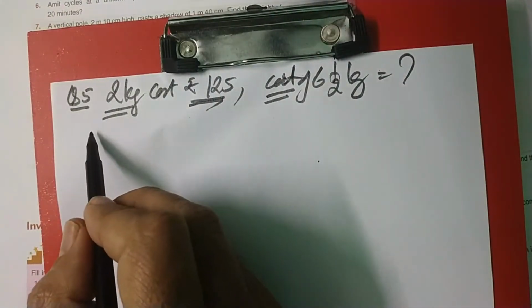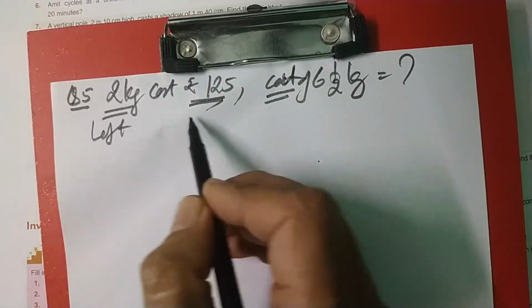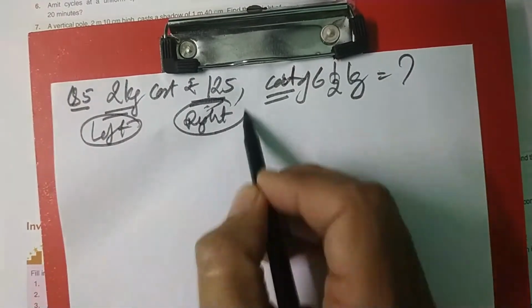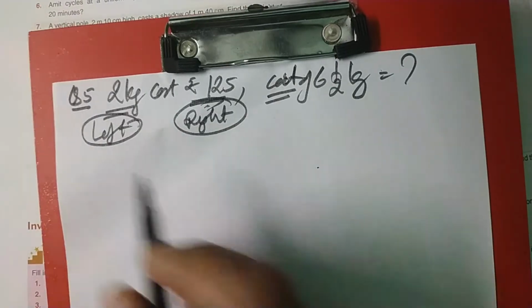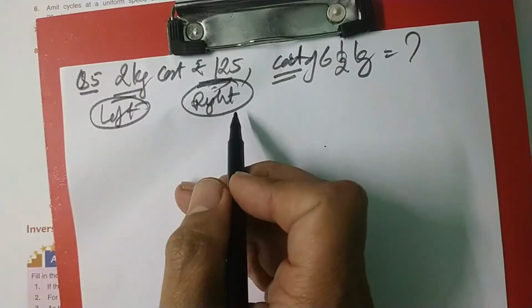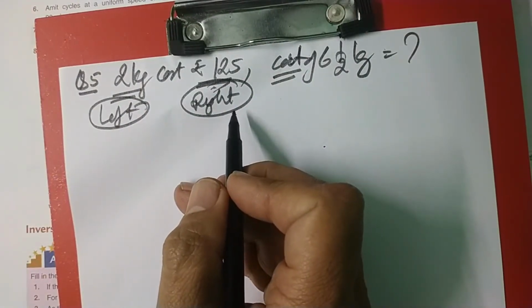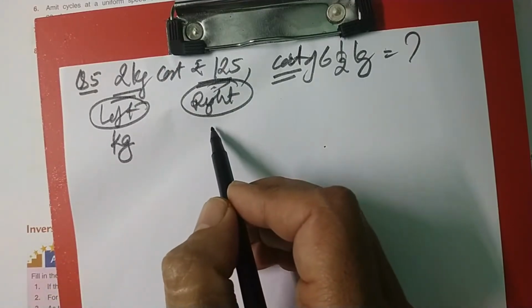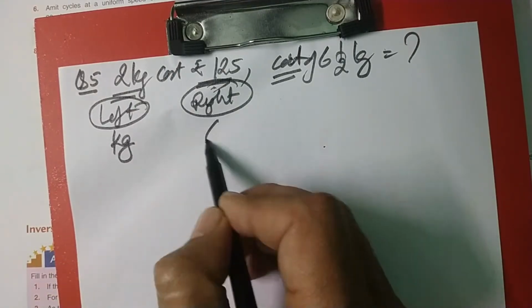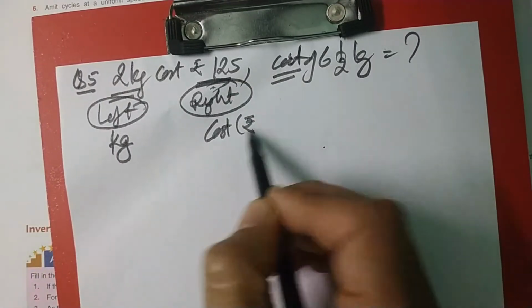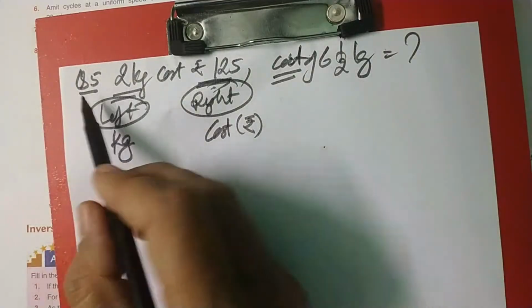Therefore, on the left side I have to write kg, and on the right side I have to write cost. So here I will write kg. Here I will write cost, cost in rupees.